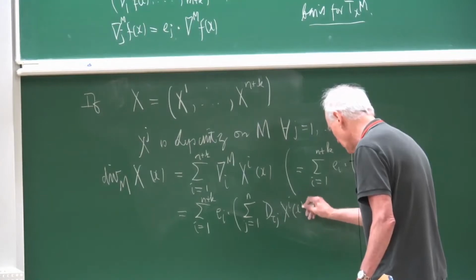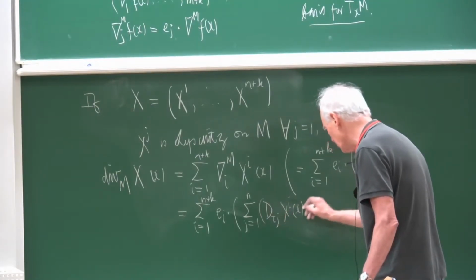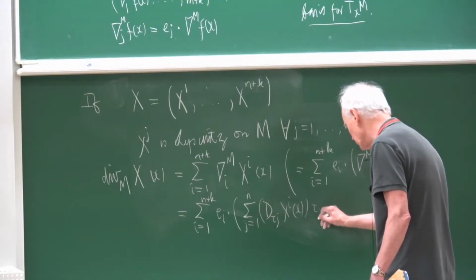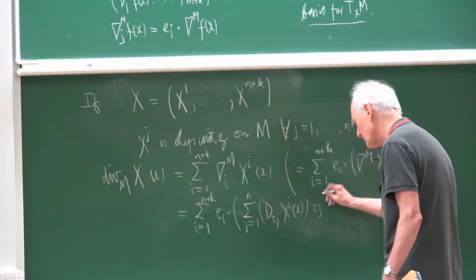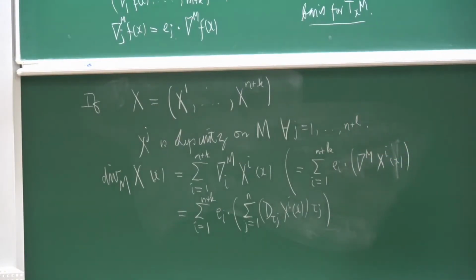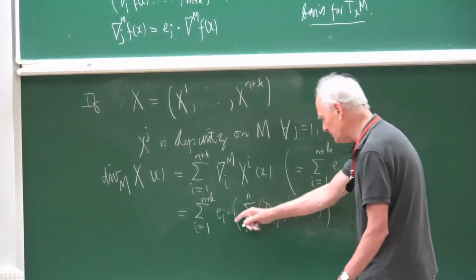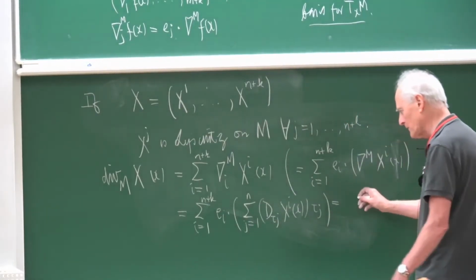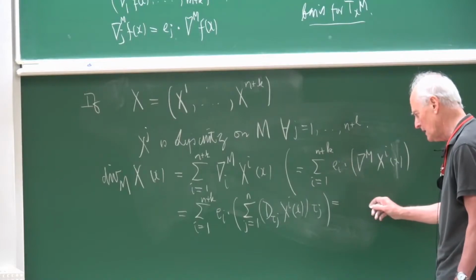This is at x. Notice this is a scalar times tau_j, which is a vector. And that's tau_j^i, so we can play around with this using linearity again.